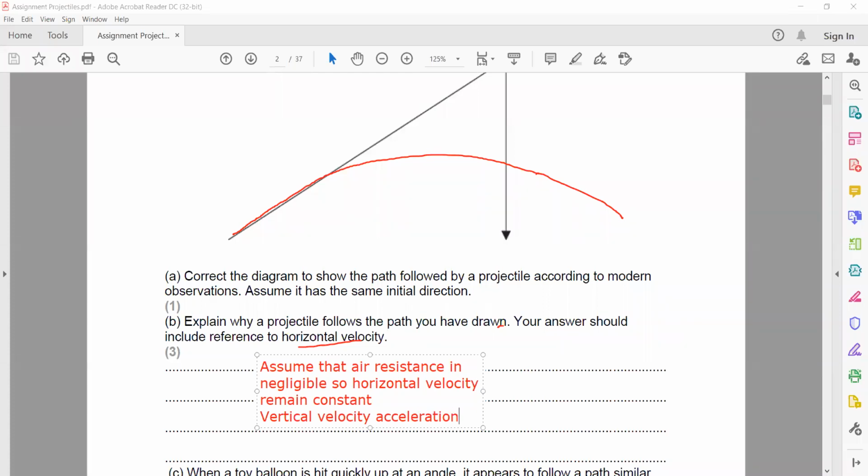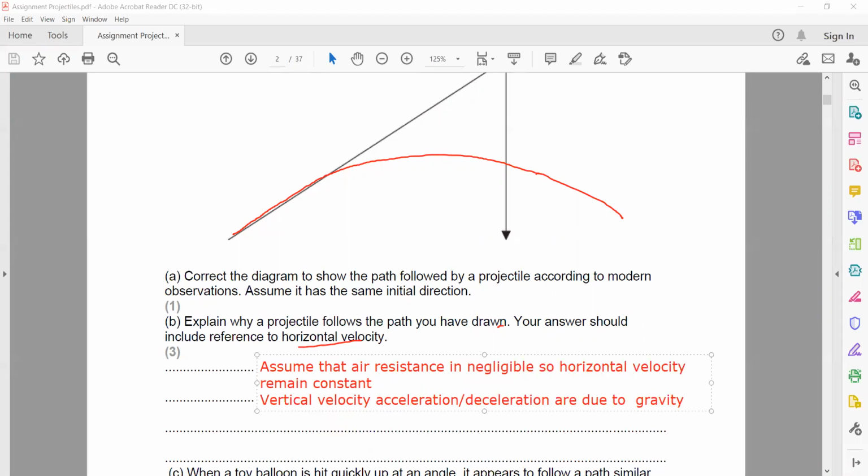The vertical velocity, acceleration and deceleration are due to gravity. And the last part, the horizontal and vertical components are independent of each other.